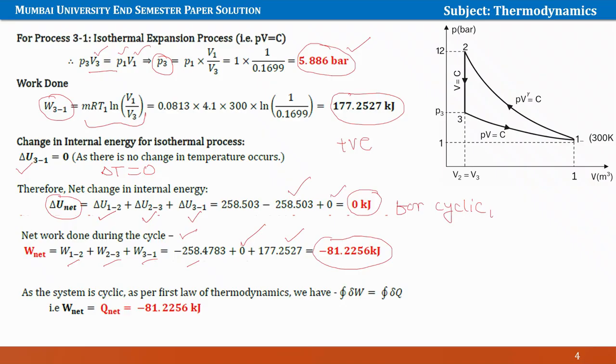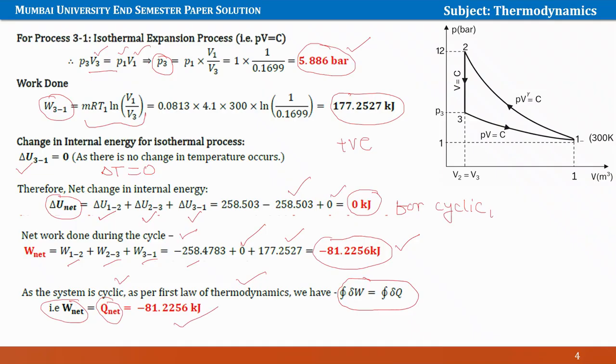Finally, during this discussion, or from the diagram, we can find that it is a cyclic process, right? So as the system undergoes a cyclic process, according to the first law of thermodynamics we can write that the summation of work done is equal to the summation of heat transfer, right? The summation of work done we know, so the same can be considered as the summation of heat transfer also. So whatever net work done we got, that would also be the net heat transfer.